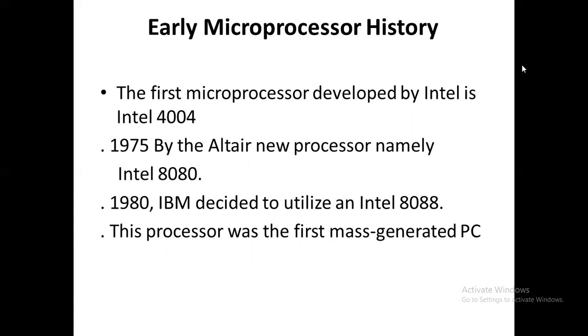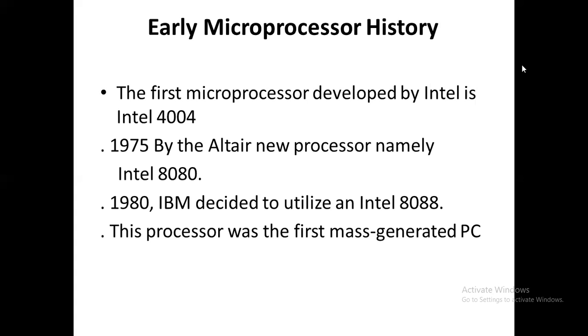You are aware that the first microprocessor was developed as the 4004. In 1975, the Altair computer was established using the Intel 8080. In 1980, IBM decided to utilize the Intel 8088.